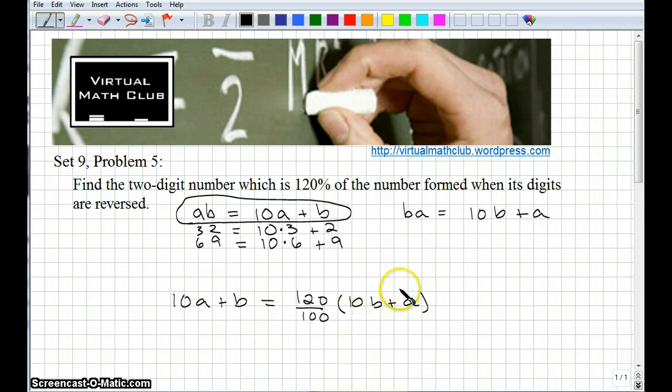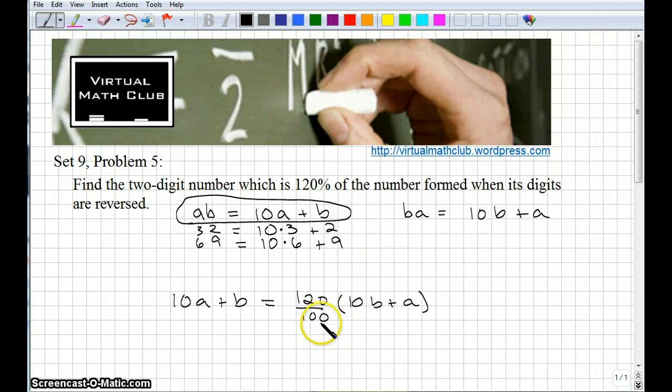Okay? So now I have this statement, which was written in words, written in an algebraic form so that we can figure it out. All right? So, first of all, let's reduce this fraction here. We got 120 over 100.